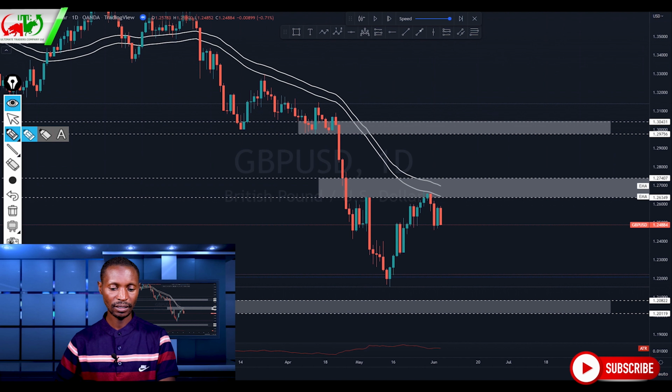GBP USD was at this resistance then, and we had highlighted the support at 120.82. Our prediction was that if GBP USD breaks down here, it could continue lower.